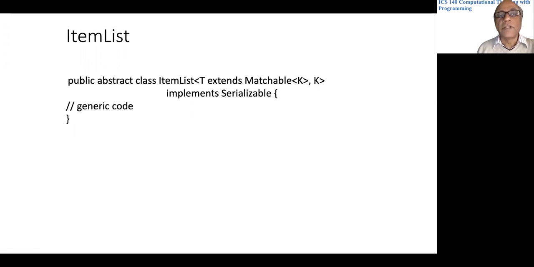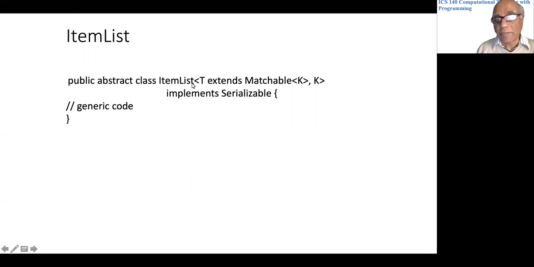Public, we made this class abstract because we don't want people to be instantiating item list. We would like to subclass this as a catalog or member list or something else and instantiate those, because there is no easy way to make this generic class a singleton. That is the reason why we want to make this abstract.